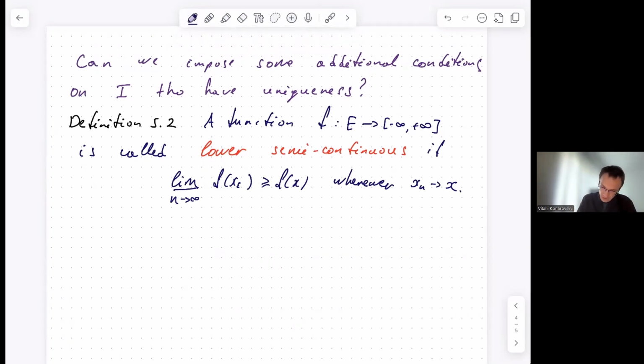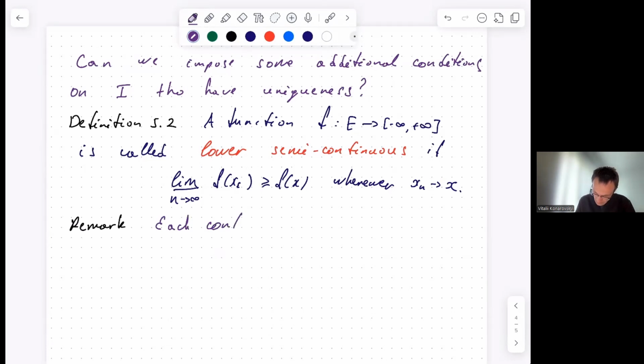And we should remark here that each continuous function is lower semi-continuous. Oh, I'm sorry, here should be n, it is a typo.